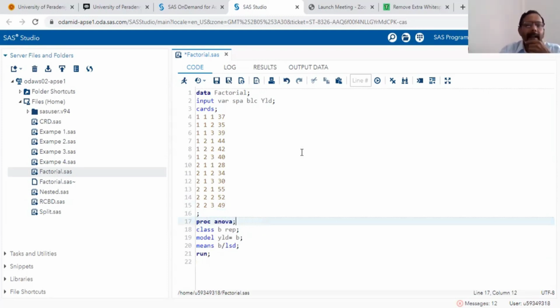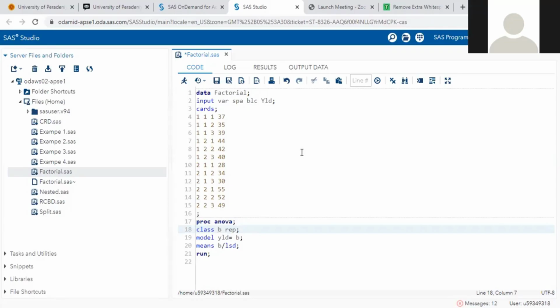This is my data. Now tell me, what is the class? Anyone? What is the class? Variety, spacing, block.